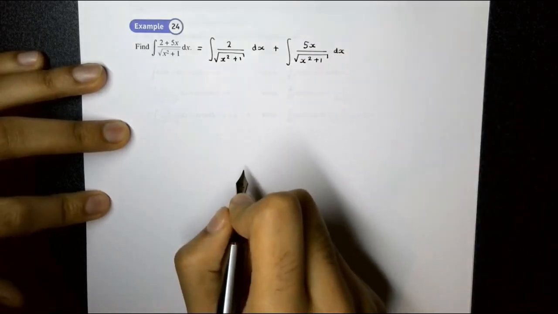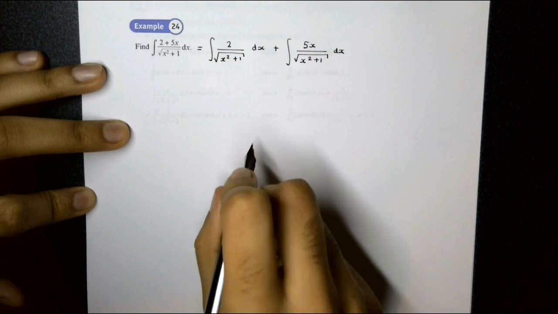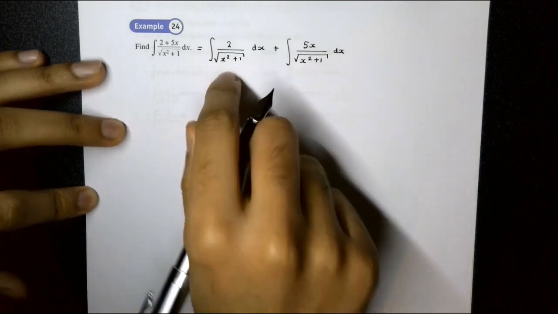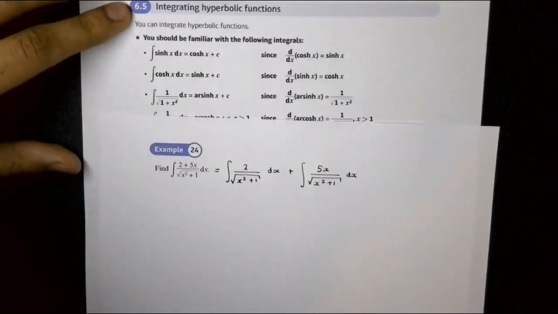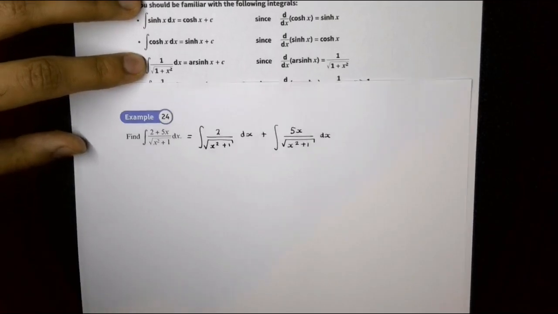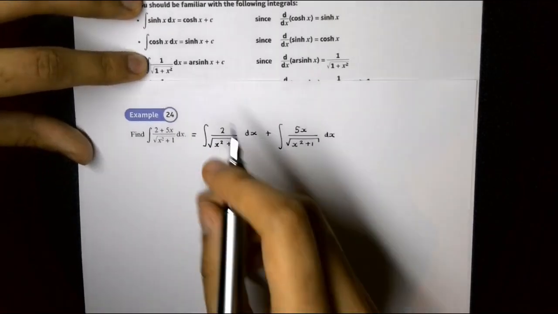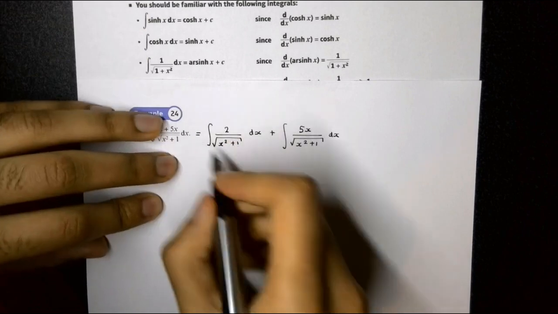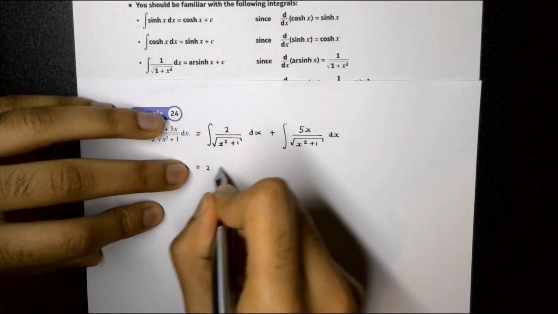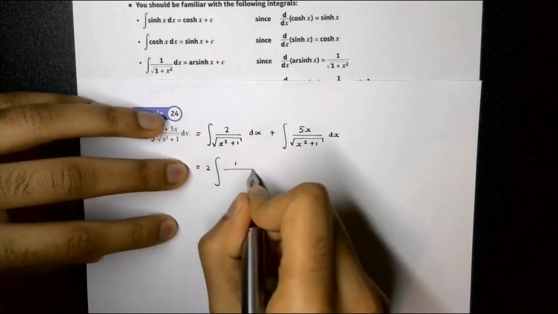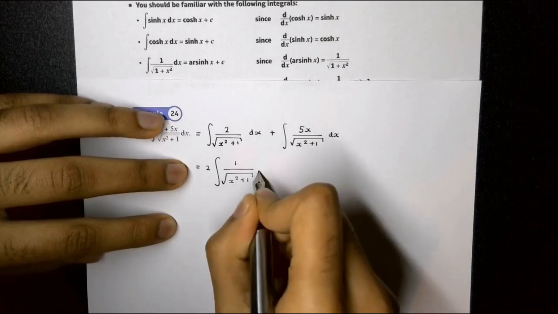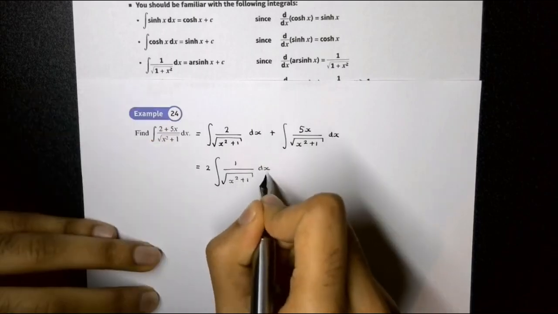Now to do this, here we can use the reverse chain rule, and here we can use the standard results which we saw over here. So if we take out the 2, we have 2 lots of the integral of 1 over square root of x squared plus 1 with respect to x.